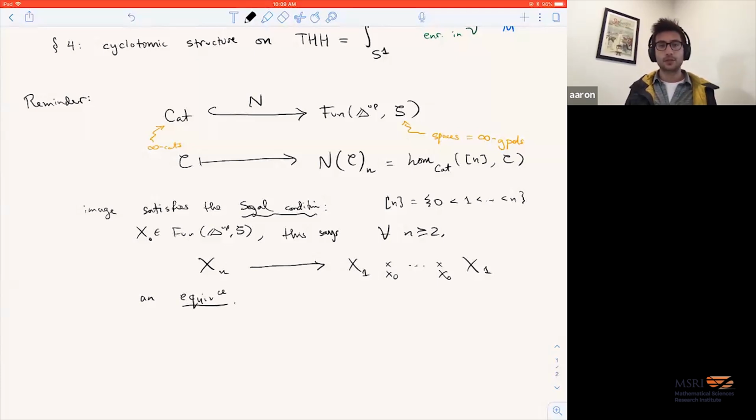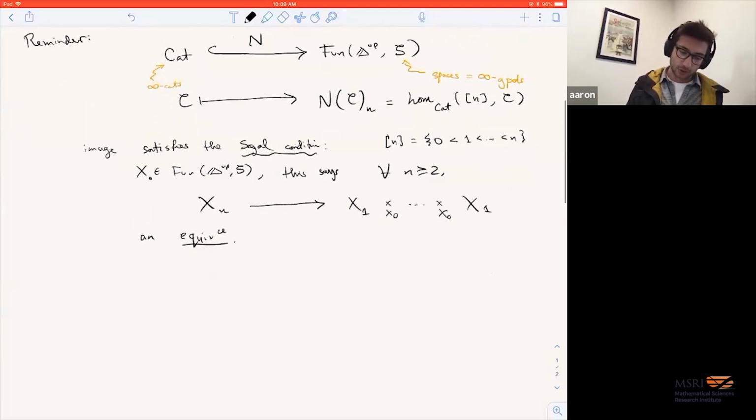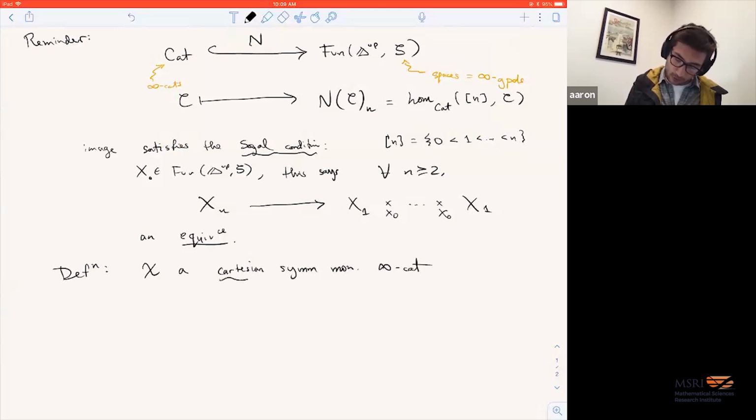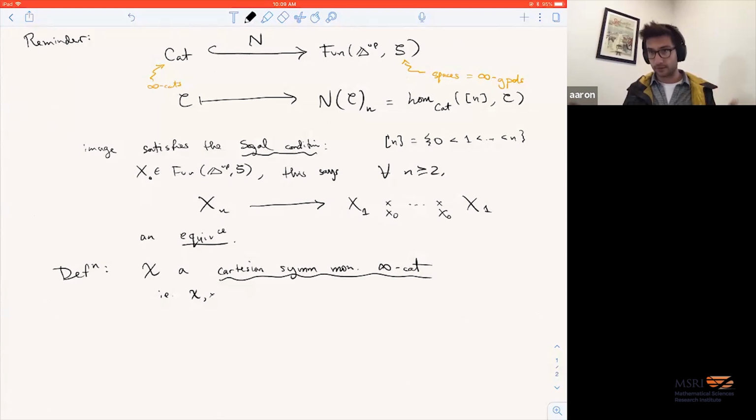So perhaps that's familiar. Let me use this to make a definition. Curly X will be a Cartesian symmetric monoidal infinity category, by which I just mean X with the Cartesian product thought of as being symmetric monoidal in that way.